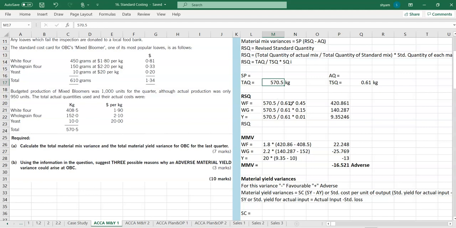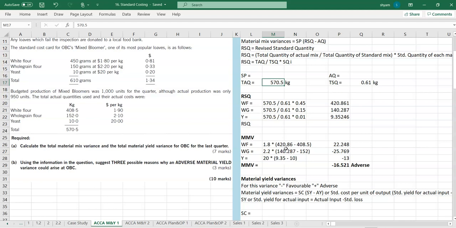The standard proportion is 0.45 divided by 0.61, 0.15 divided by 0.61, 0.01 divided by 0.61. So the total actual quantity is revised in terms of the standard proportion. So this is a revised standard quantity.